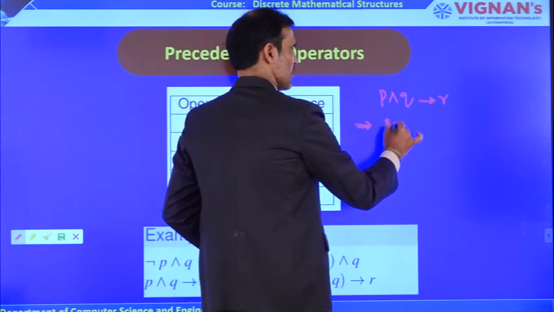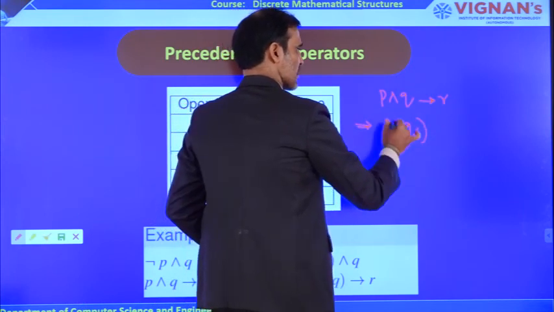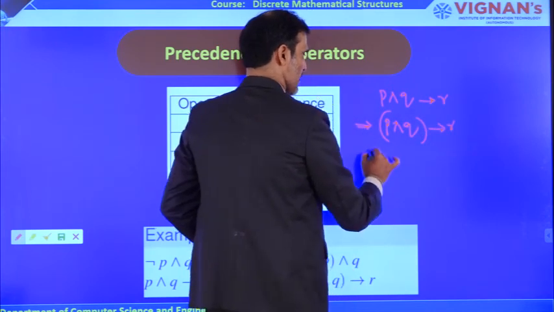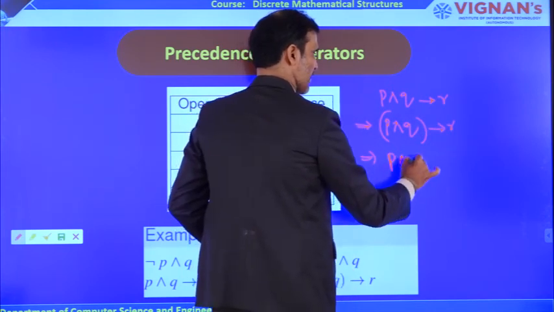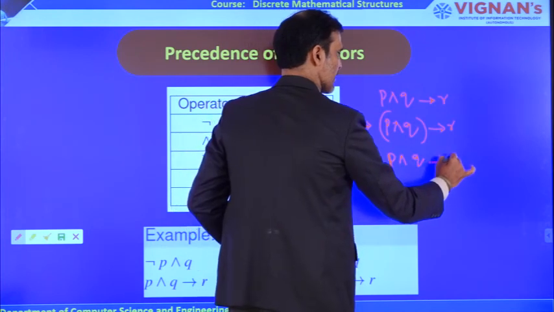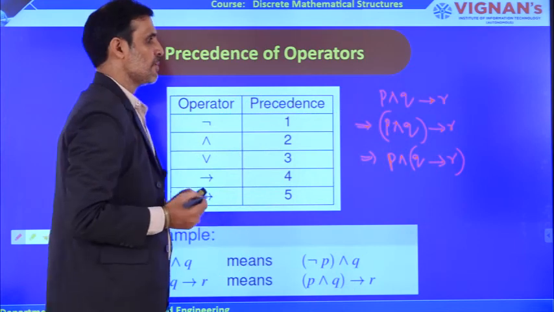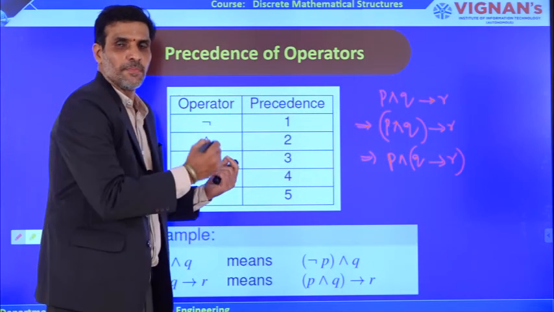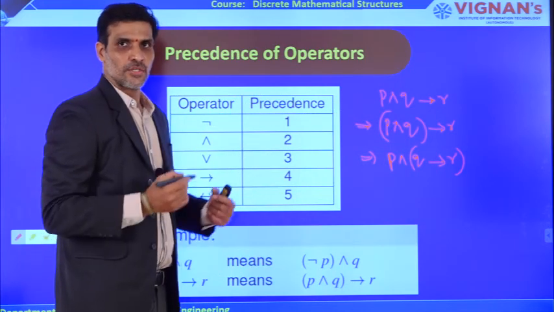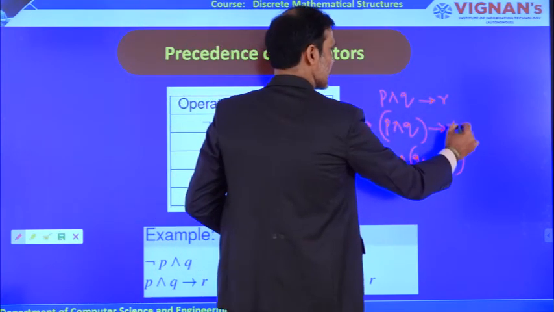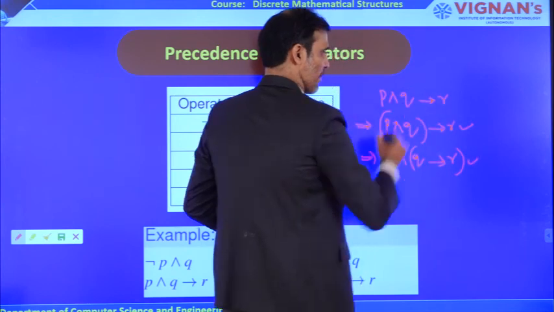If you don't know the precedence of the operators, whether I can go with P and Q implies R like this or like this. Which one will be the correct one? If you don't know the precedence of the operators, you have an ambiguity of taking the sentence in either this form or this form.